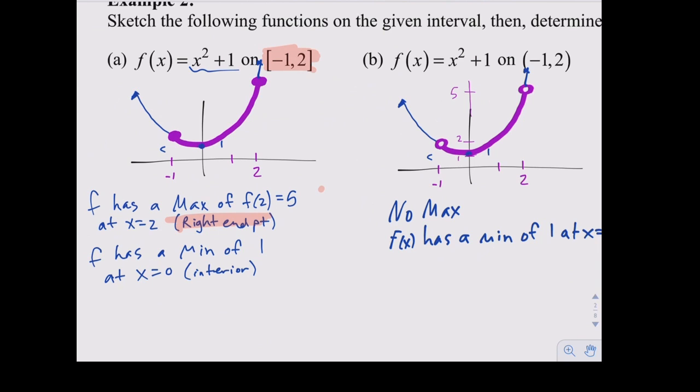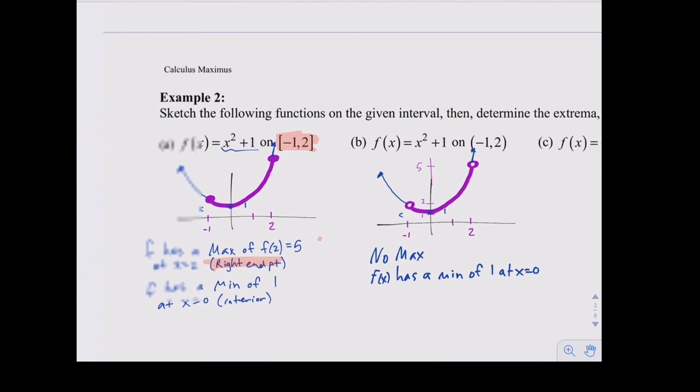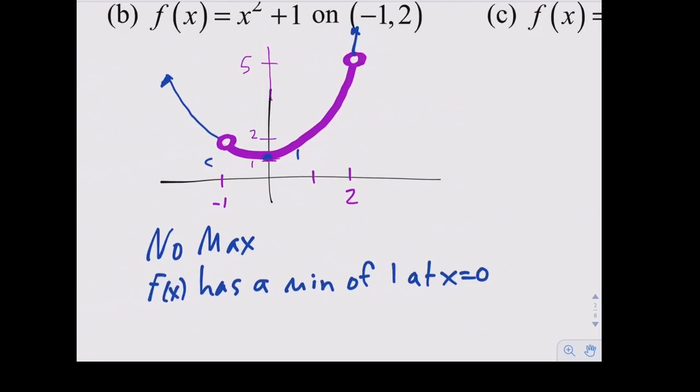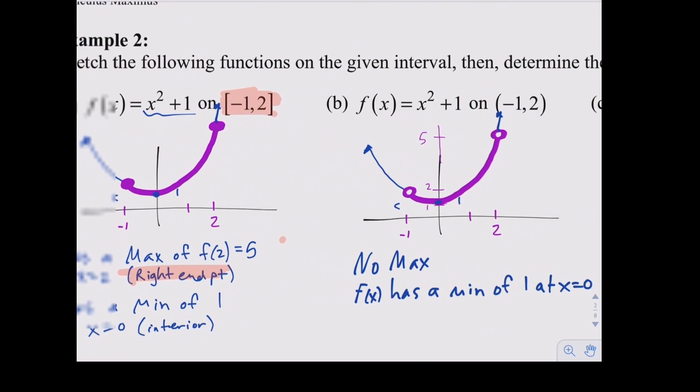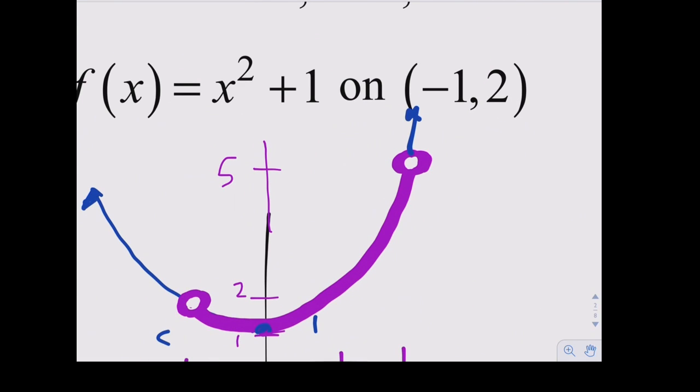Nice to know. On part B, we didn't have a max, but we still had a min, and it occurred where the derivative was 0. What was the difference so far from A to B, where we had both the max and the min, but over here just one of the two? The thing that kept me out of the max was the fact that the right endpoint was open. Interesting.